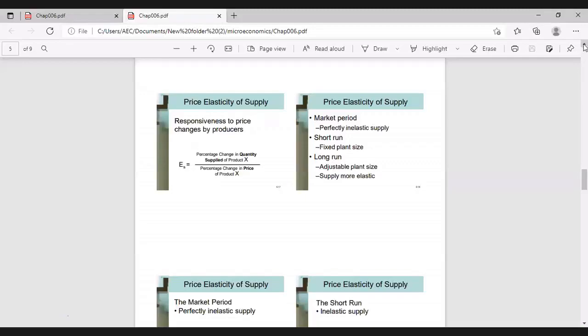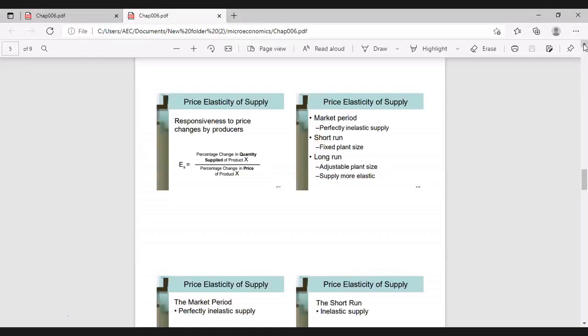For the same price change, in the long run the producer can produce and sell more. In the short run, the response is less; they can use variable inputs more to produce and supply. But immediately after the price change, they cannot change anything.